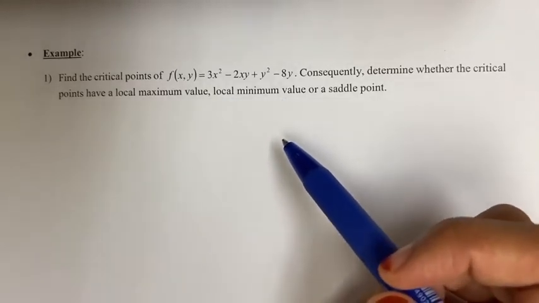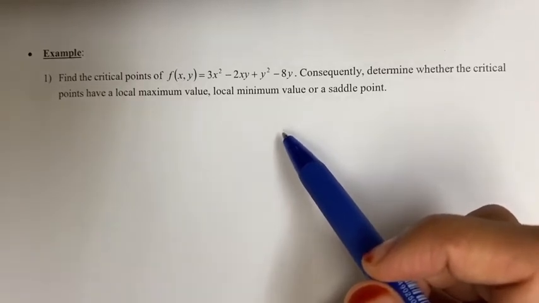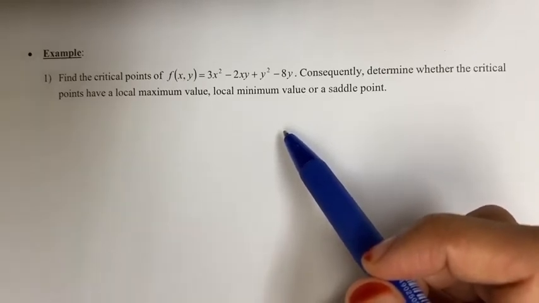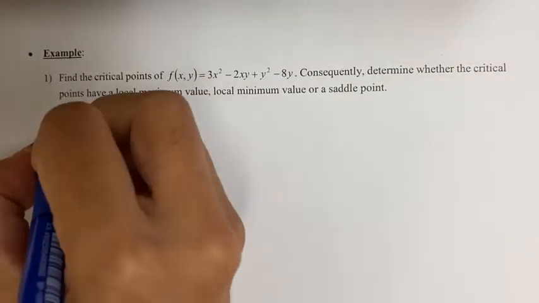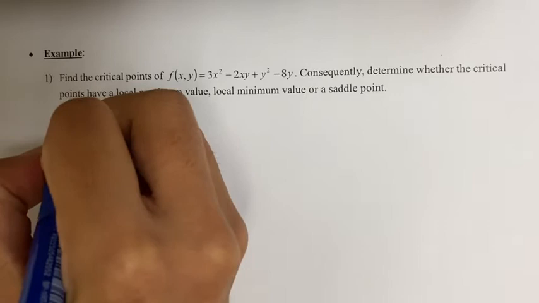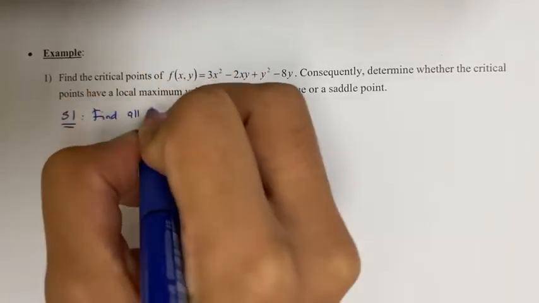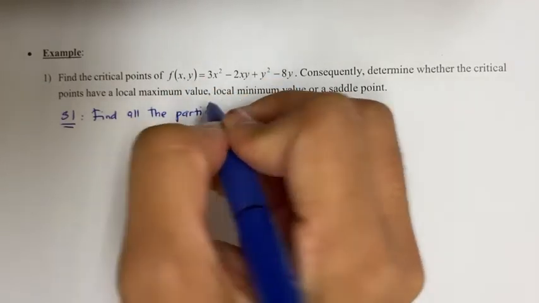Basically, we have 4 steps here. In finding local extrema, you need to use your knowledge of partial derivatives. So let's start with the first step. The first step is to find all the partial derivatives.